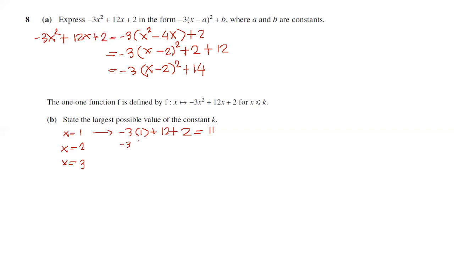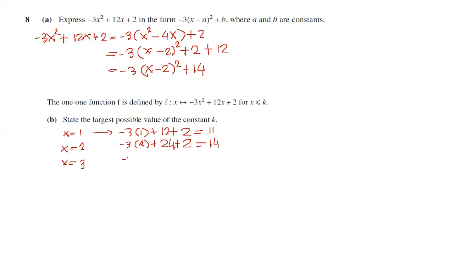How about 2? For 2: 4, plus 24, plus 2 equals 14.